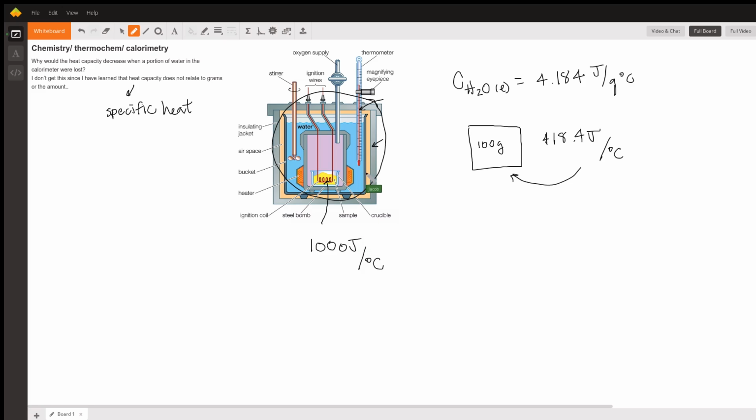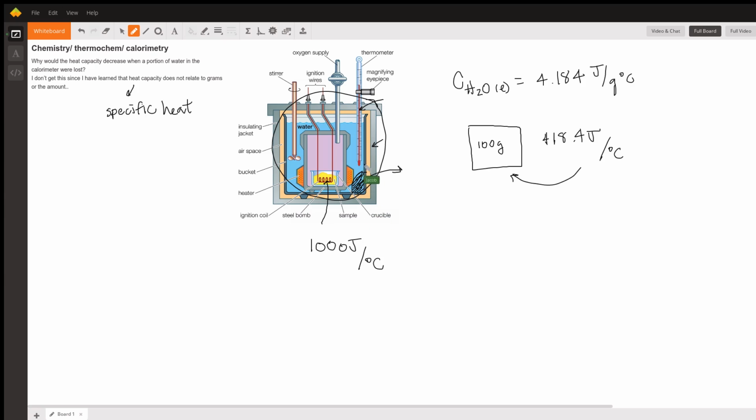Well, if I take some of that water away, let's say I take that chunk of water away, well, now I have to recalculate the heat capacity, because notice if I took water away, when I were adding heat to the calorimeter after I've removed the water, I don't need as much heat because I don't have to change the temperature of this water, okay?